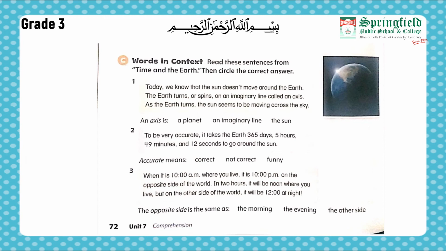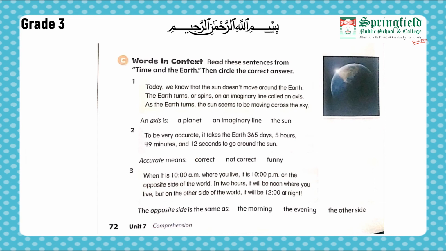The Earth turns or spins on an imaginary line called an axis. As the Earth turns, the sun seems to be moving across the sky. An axis is a planet, an imaginary line, the sun. As we have read in our text, axis is an imaginary line. So we are going to circle an imaginary line.